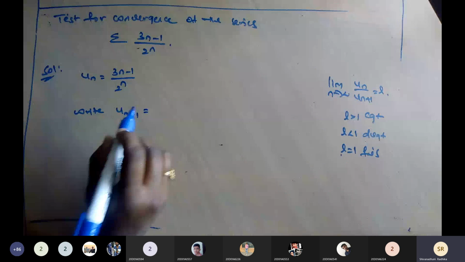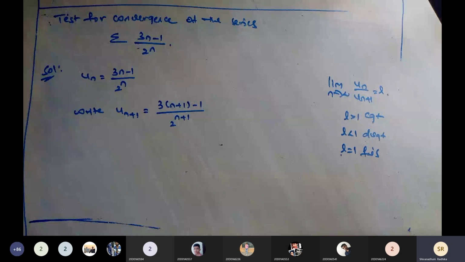When we have n, I am going to substitute n plus 1: 3 into n plus 1 minus 1 by 2 to the power of n plus 1. Is it clear, all of you? Any doubts?